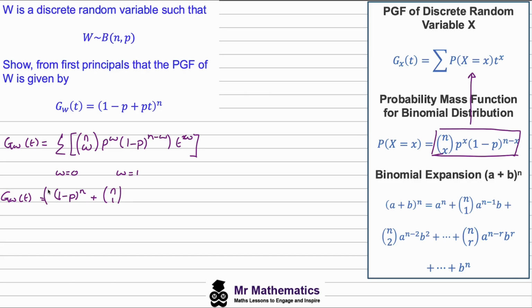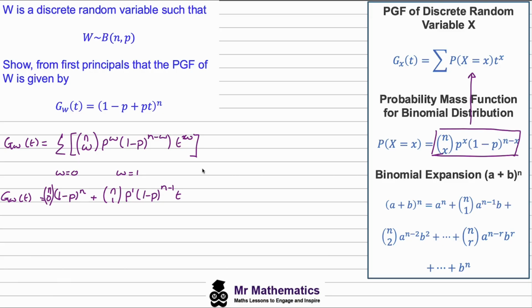Actually, here I should also have written n choose 0. We'll see why when this tidies up later. So we've got n choose 1 of p to the 1, times 1 minus p to the n minus 1, times t to the 1.